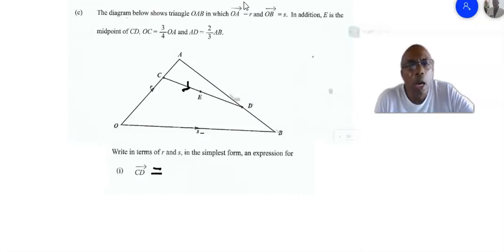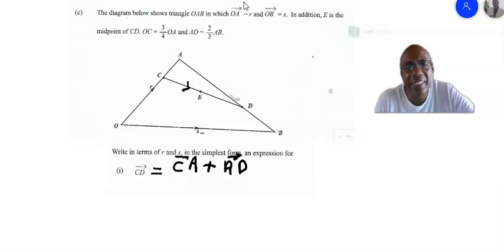So we can say that vector CD equals vector CA plus vector AD. That is how you add vectors.